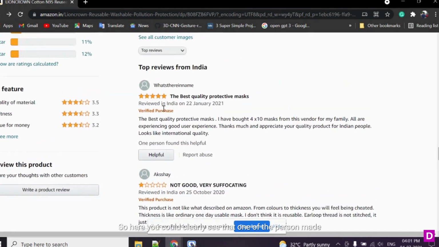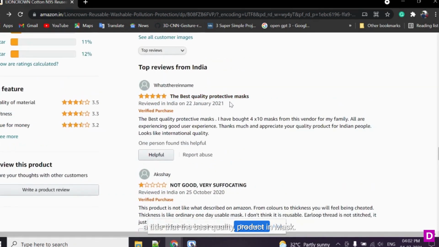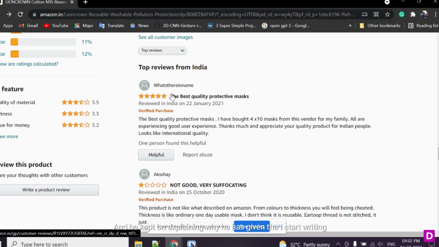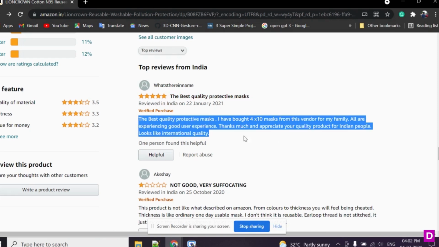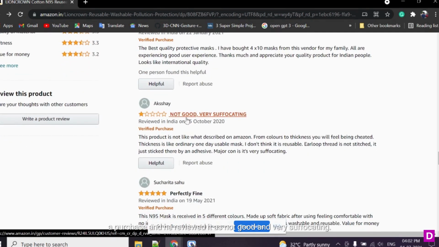Here you can clearly see that one person made a purchase and rated it 5 star, and he has given the title 'best quality protective mask', and he kept on explaining why he gave the 5 star rating and what made him so happy about this purchase. Immediately you can see another person made a purchase and reviewed it as not good and very suffocating, and rated 1 star.